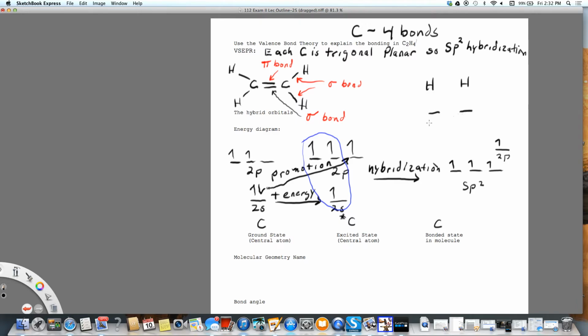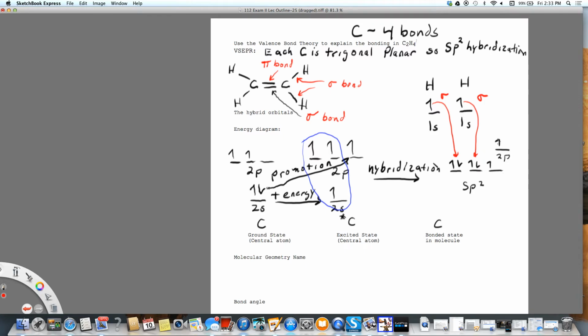And I'm bringing in my 1s electrons from the hydrogen that are going to bond right here and right here. Those are going to be my sigma bonding electrons. So those are sigma bonds.